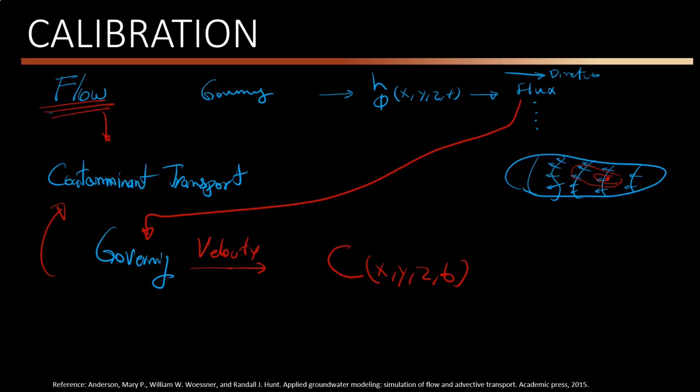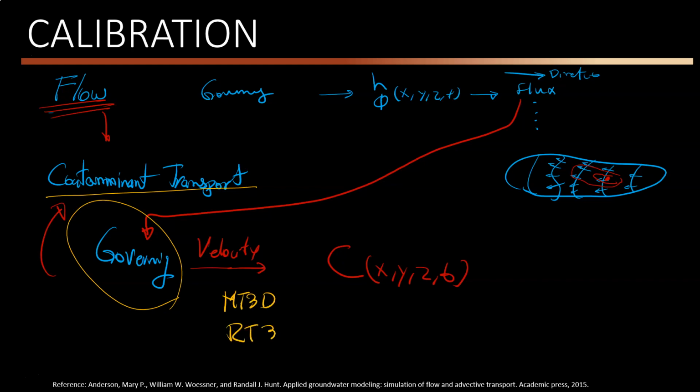But this is a very similar process. The process of contaminant transport and groundwater flow is very similar. It has its own governing equations. There are some methods, software, and packages like MT3D or RT3D that we discussed in the other class. They have their own packages, and eventually you need to do the calibration.